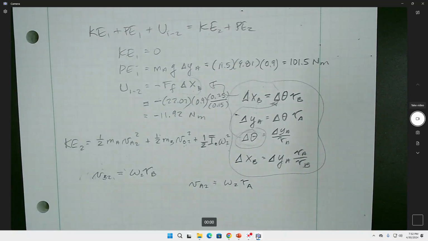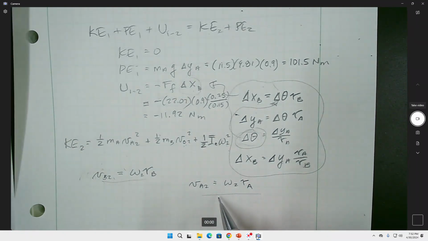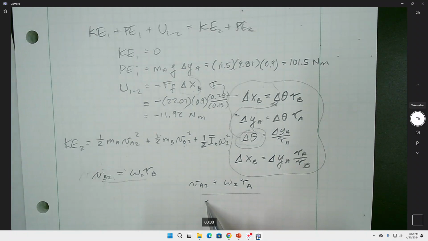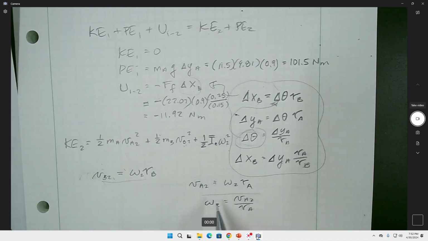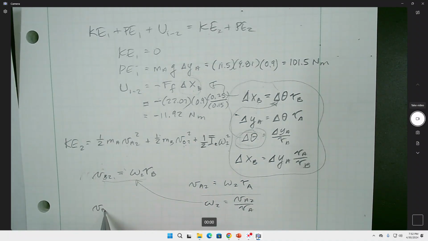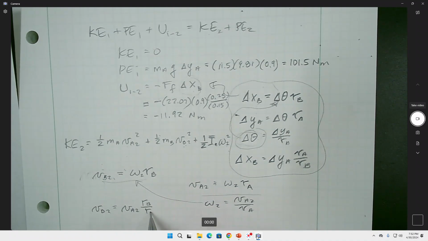That makes sense? These 2 statements I just made? So I can go, omega 2 is equal to VA2 over RA, and then I can plug that into here and say VB2 is going to be equal to VA2 RB over RA.